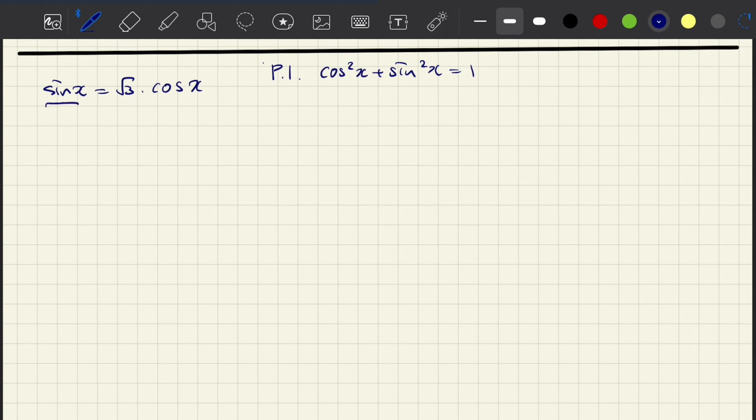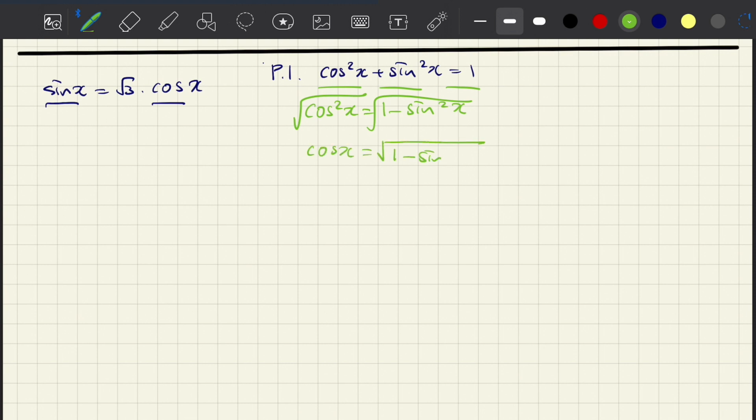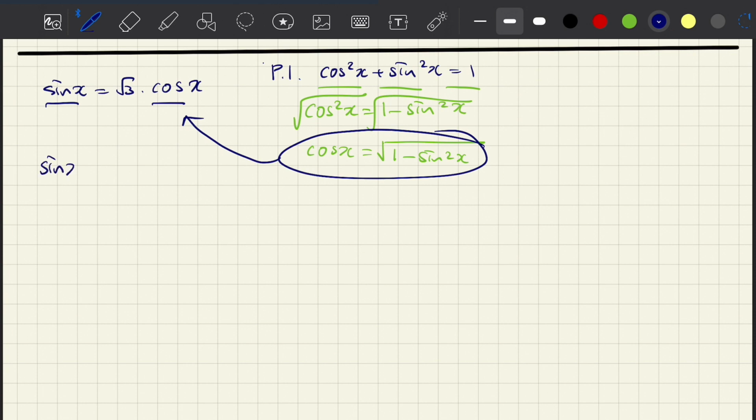This question has 2 variables, so I'm going to get rid of one of the variables by manipulating the identity. Cosine squared x is the same as 1 minus sine squared x, so cosine x equals the square root of 1 minus sine squared x. Substituting cosine x with the square root of 1 minus sine squared x, I have sine x equals square root 3 times the square root of 1 minus sine squared x, right?